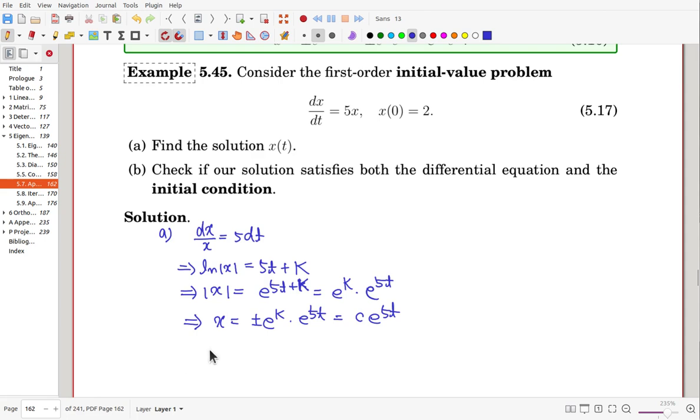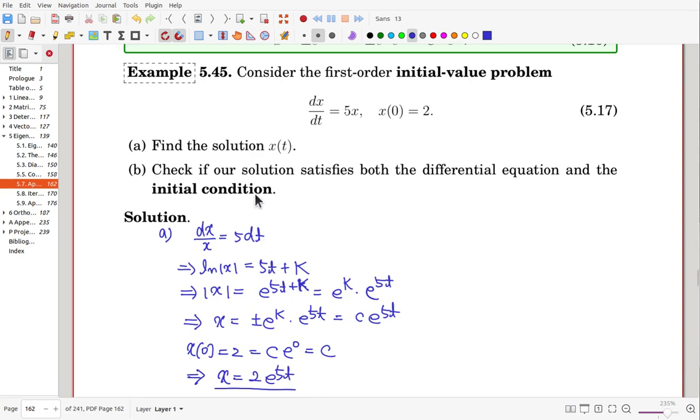When we are using the initial value x0 equal 2, then x0 must be 2. From here we have c e to the 0, which is 1, so there's c. So we decide c is 2. So the final answer is x equals 2 e to the 5t. That's the final answer.